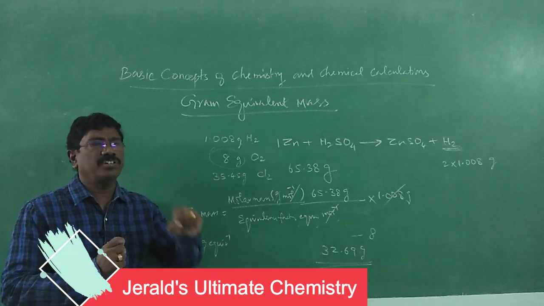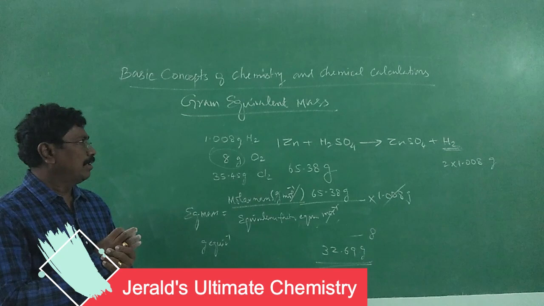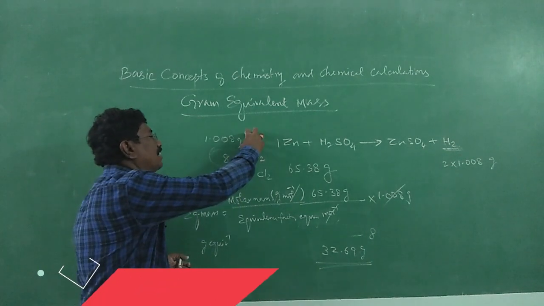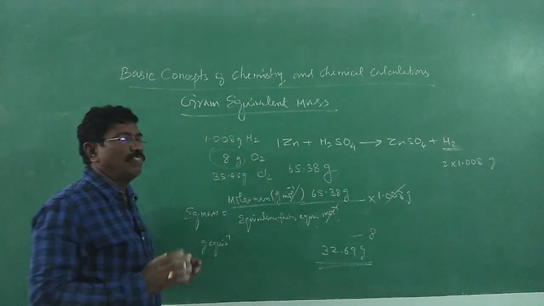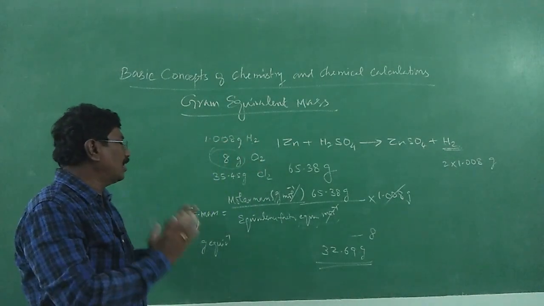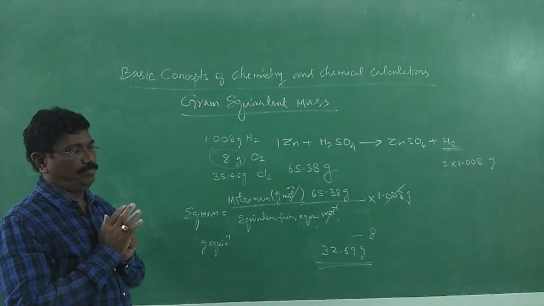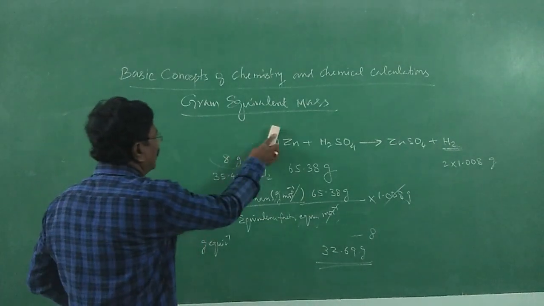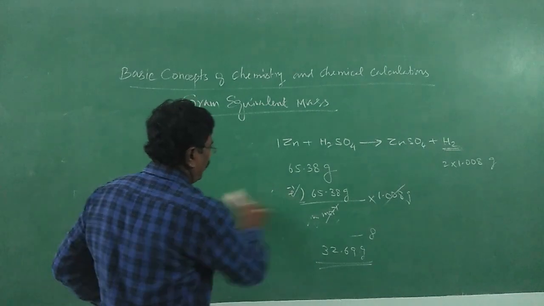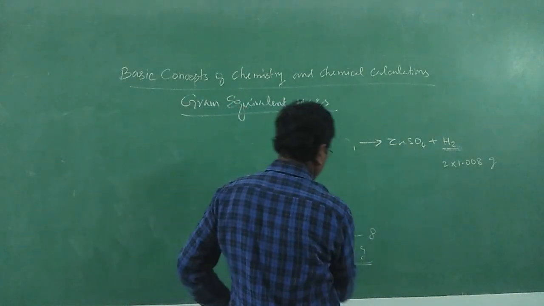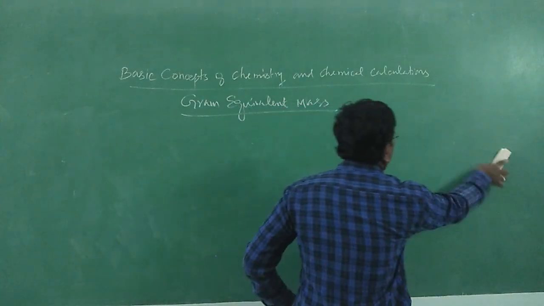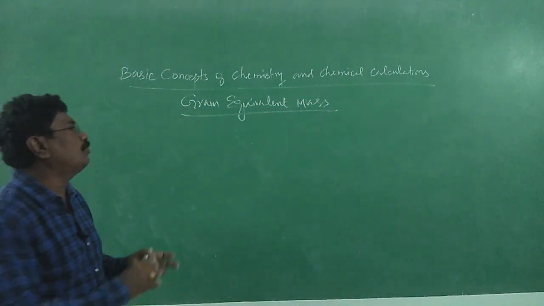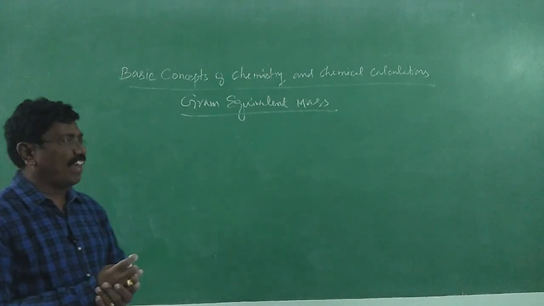And I said already, certain substances may not react with hydrogen, oxygen or chlorine. For such substances, how to calculate equivalent mass? We have different types of compounds like acid, base, oxidizing agent, reducing agent. For these substances, how to find out the equivalence factor?